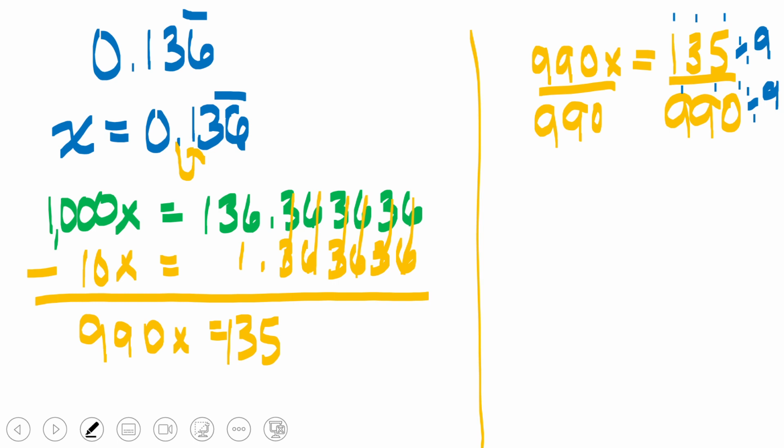So if we do this, we're going to get 135 divided by 9 is 15, and 990 divided by 9 is 110. We can see that that gives us a great start on reducing that big fraction.